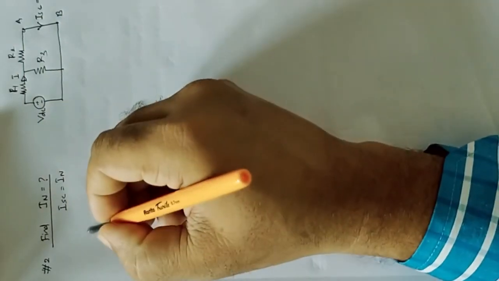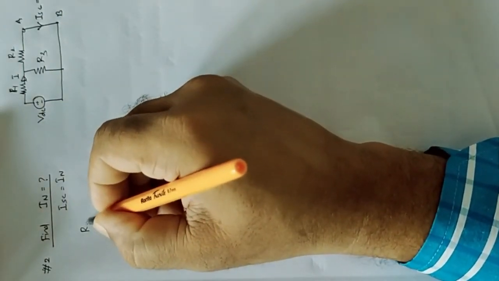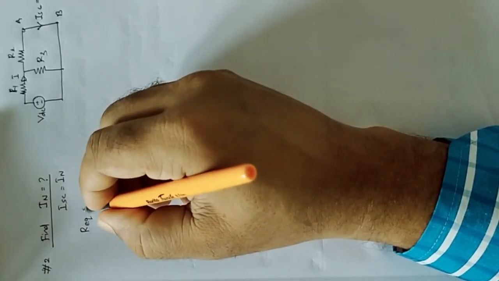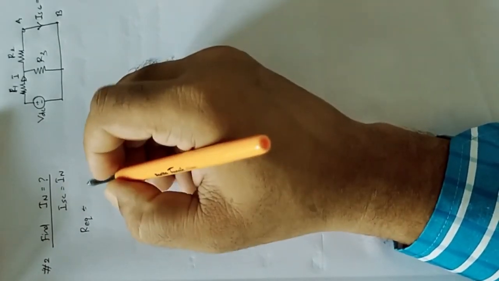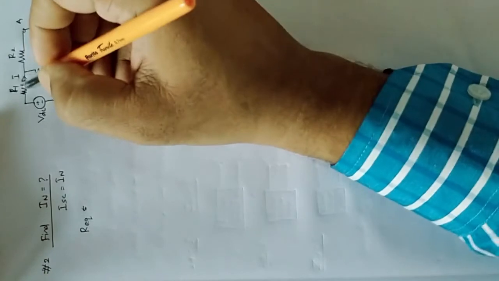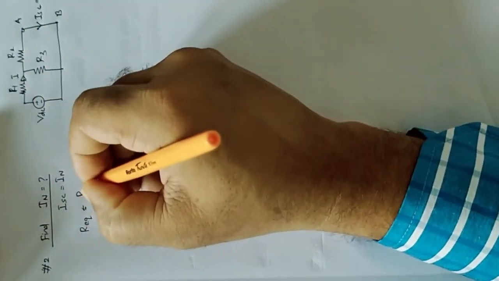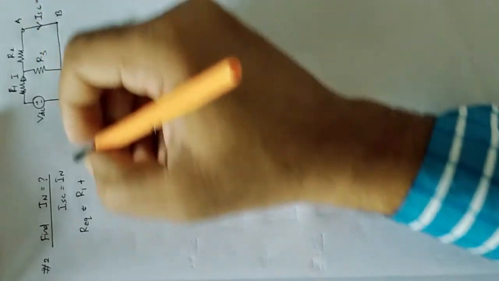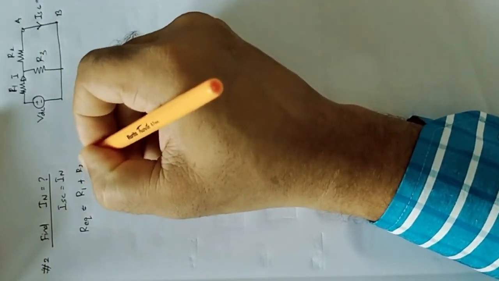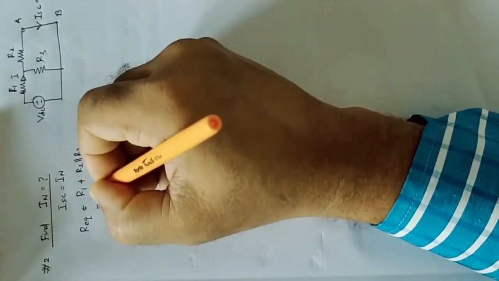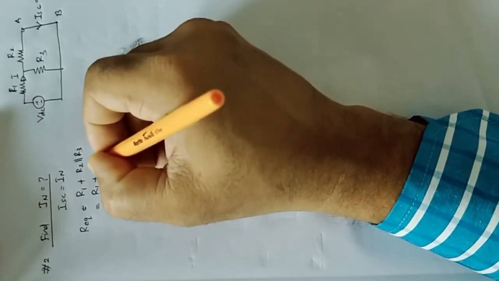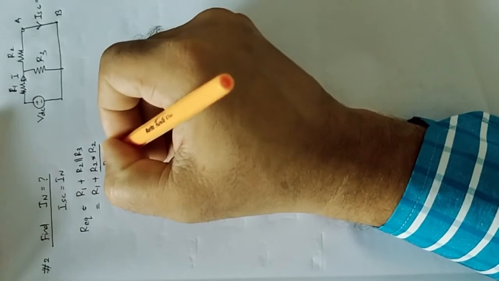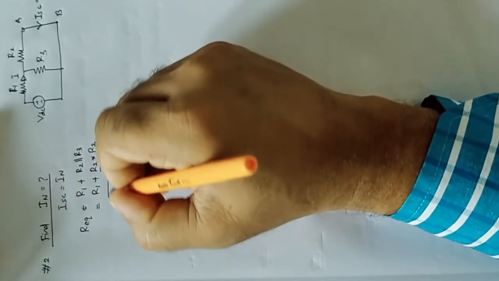First, let's find the equivalent resistance. Here only resistance is available, so we need to find R equivalent. R1 is in series with the parallel combination of R2 and R3. Solving, we obtain R1 plus R2 R3 divided by R2 plus R3. This is your R equivalent.